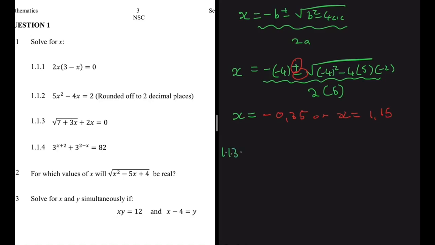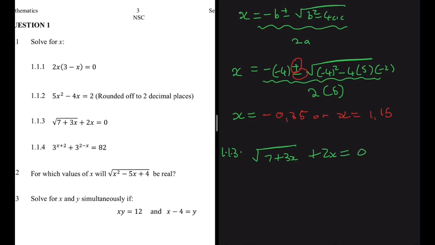Let's do 1.1.3. 1.1.3 says we have the square root of 7 plus 3x, plus 2x, being equal to 0. We're still solving for x. So we have that square root, so we have to square both sides.